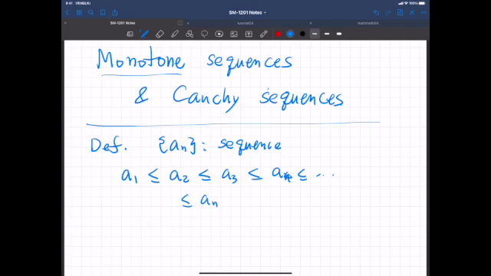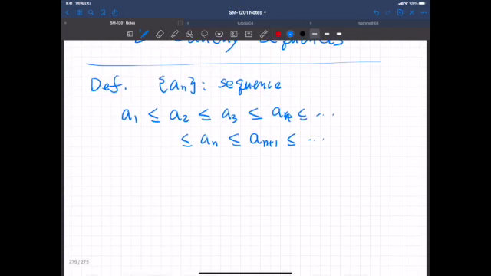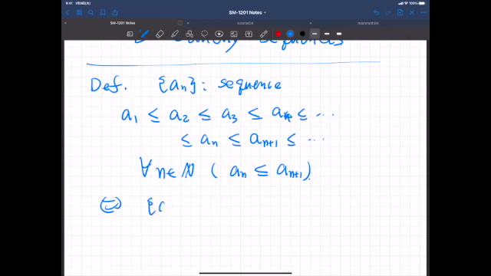So an in general is less than or equal to an plus 1. To summarize, for all natural numbers, we have an is less than or equal to an plus 1. Then we say this is a monotone increasing sequence.